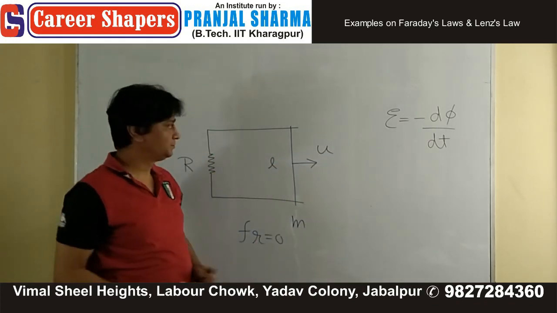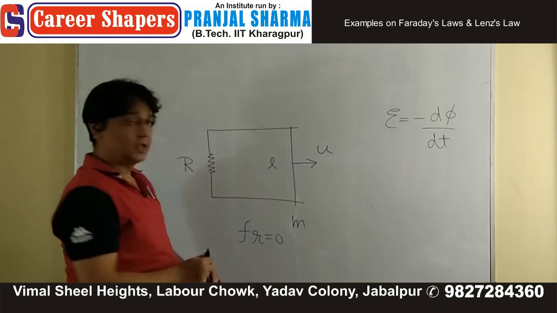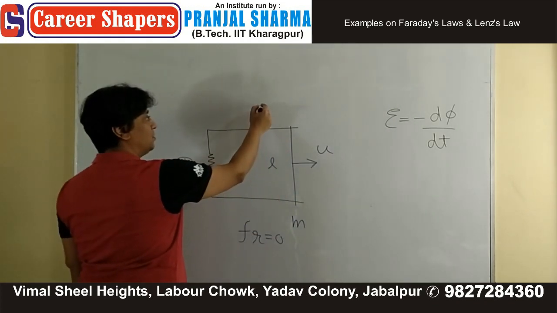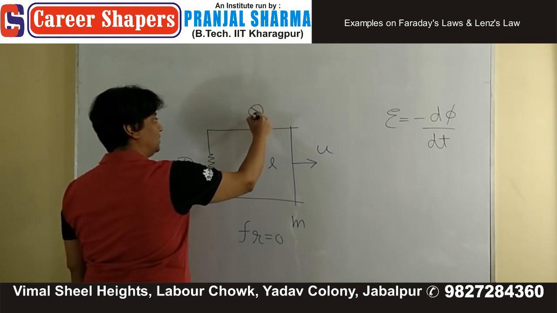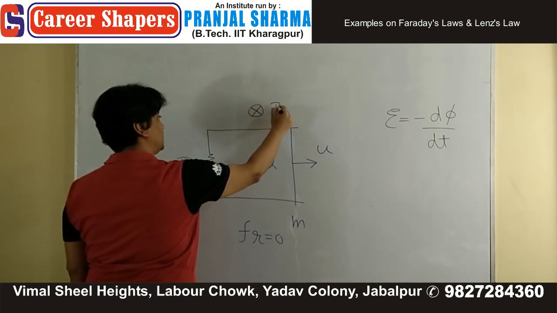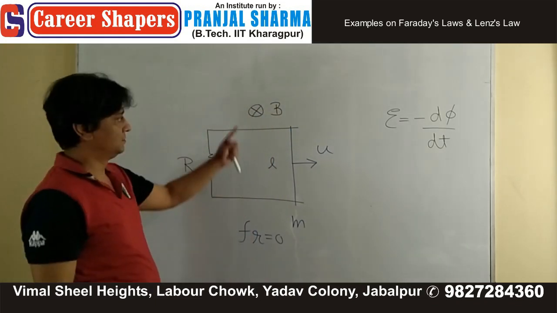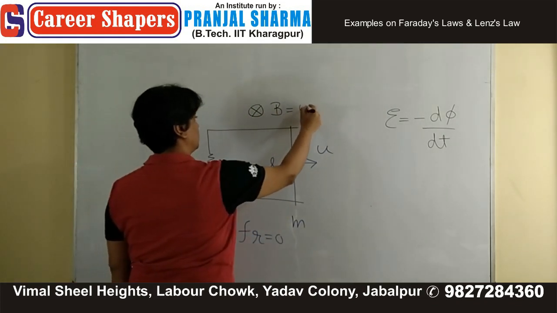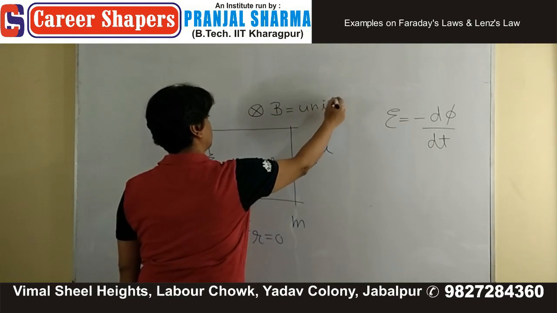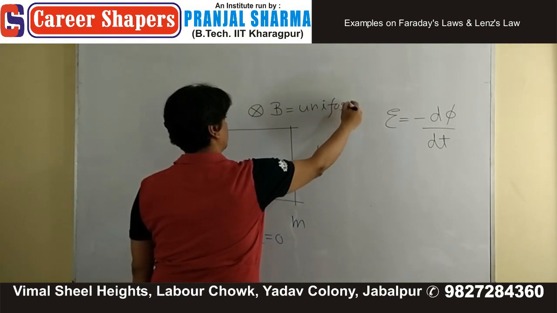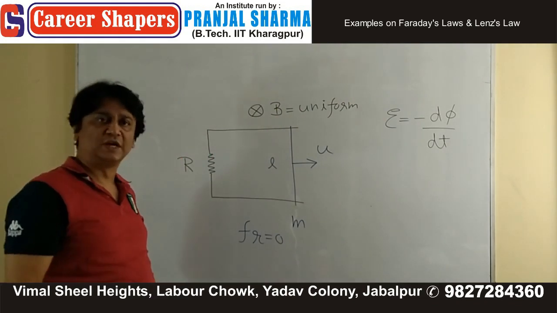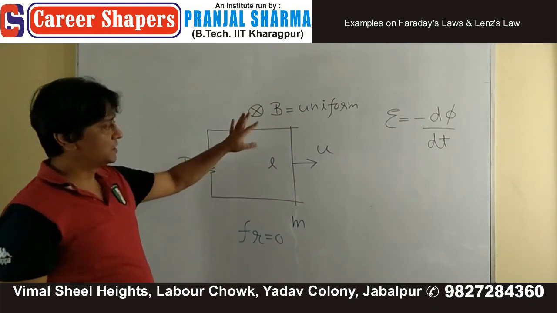Its mass is m, and it's given that the magnetic field is present inwards and is uniform. If it's not uniform, then we'll have to use integration. So right now it is uniform.